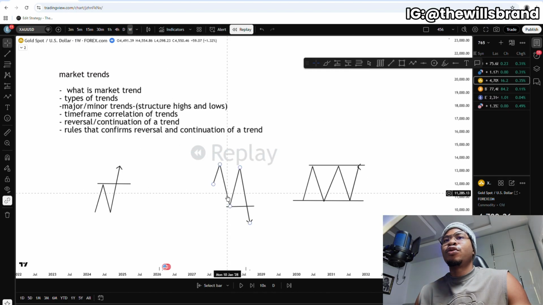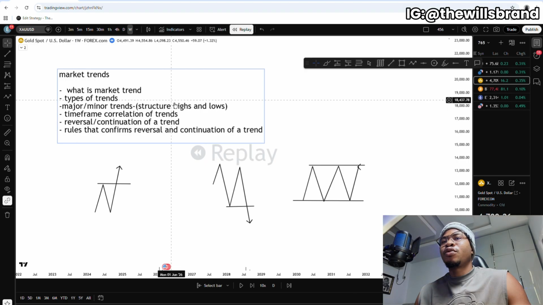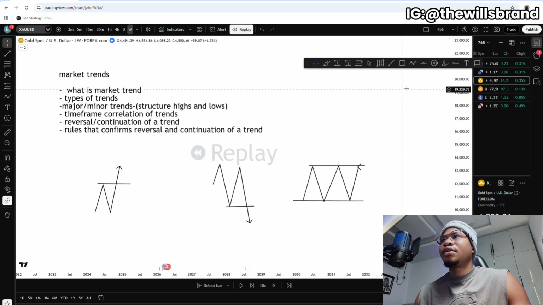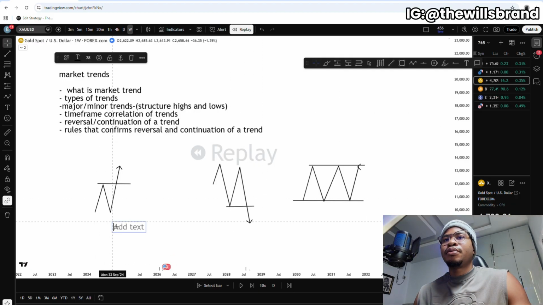All right, so what you're seeing here is just to explain basically what trend is all about. So we're going to start with what is market trend. So basically, market trend shows or tells us the direction of the market. So I'm going to be typing that. Let me pull my text tool.